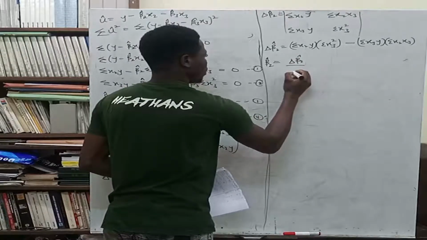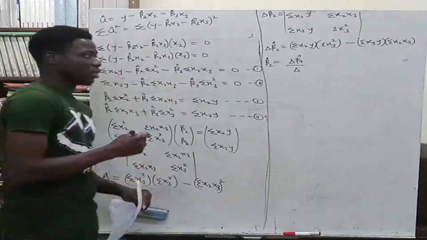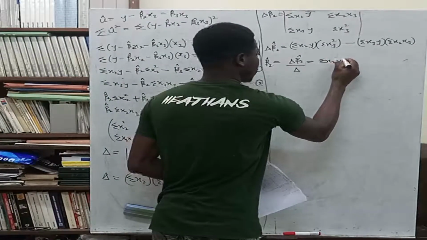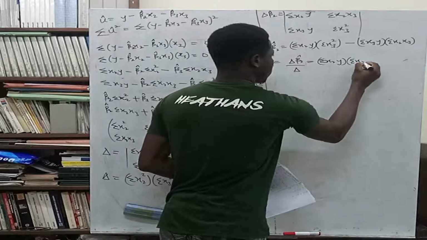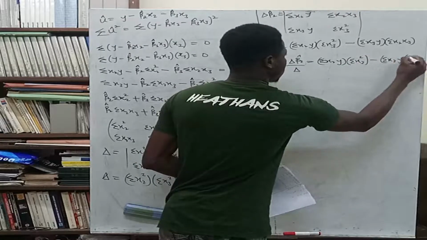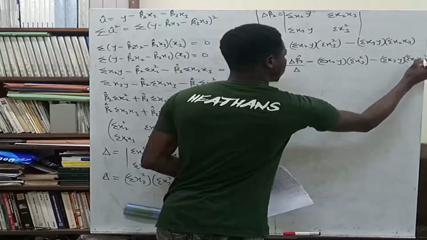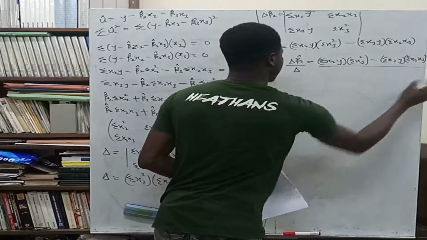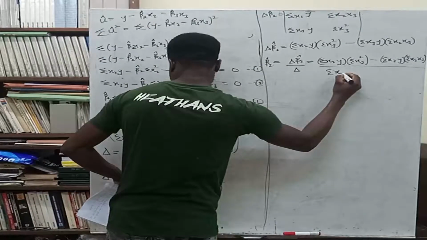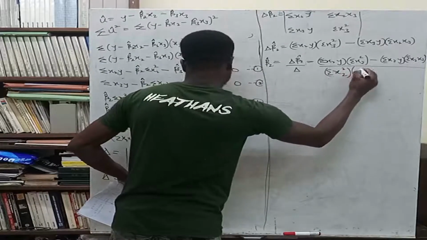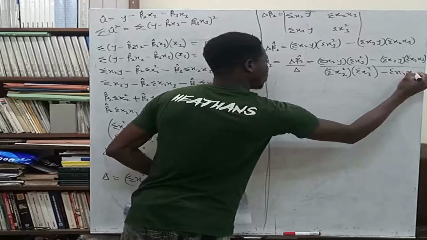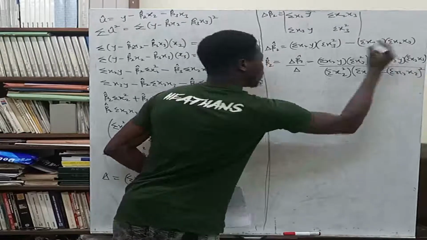that's how we got up here, over the general determinant. So that's going to leave us with summation x2y, summation x3 squared minus summation x3y, x2 x3, over the general determinant we have here, summation x2 squared, summation x3 squared, and summation x2 x3 all squared.